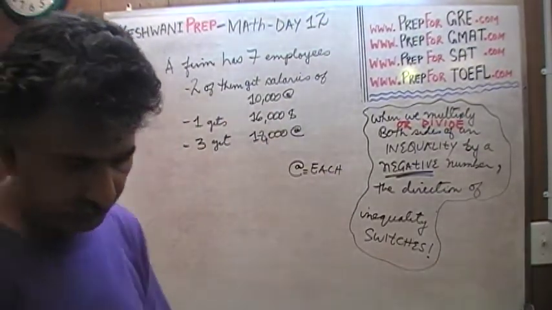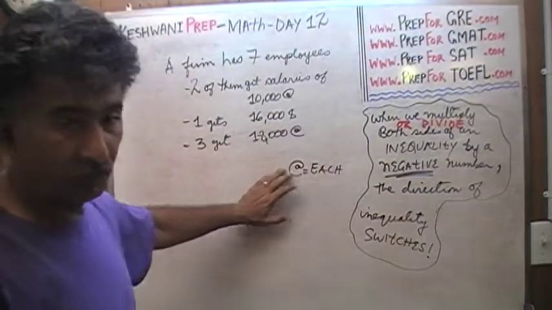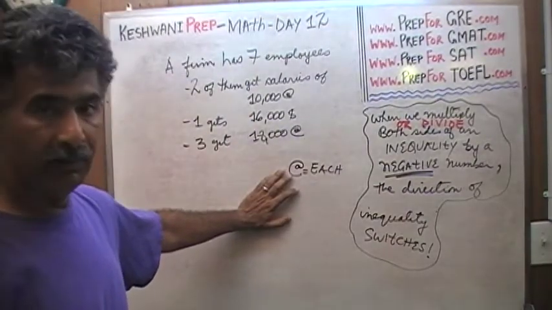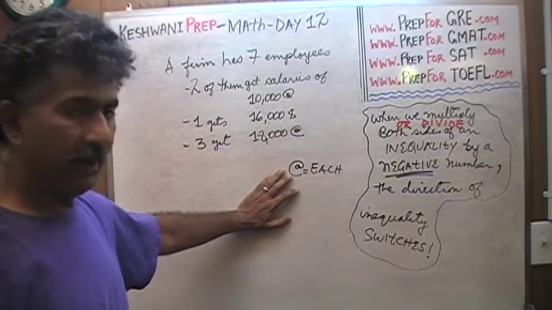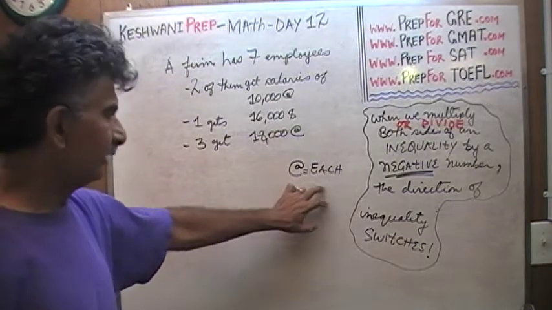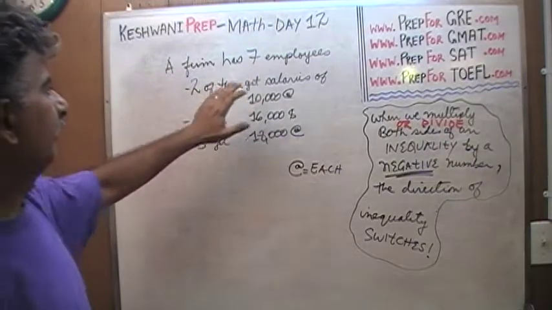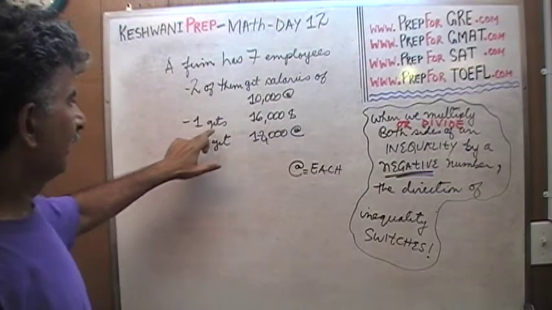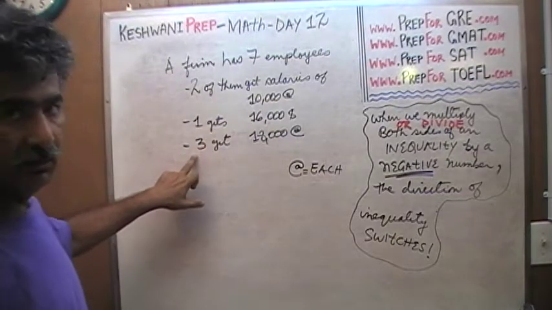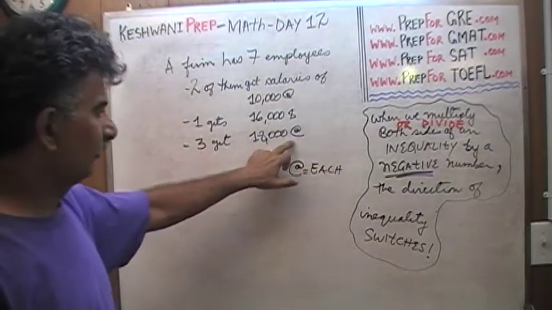So again, I'm going to read the problem to you. It's also read as add in the website addresses and so forth. Add such and such, but it also means each. A firm has 7 employees. 2 of them get salaries of $10,000 each. 1 gets $16,000 and 3 of them get $18,000 each.